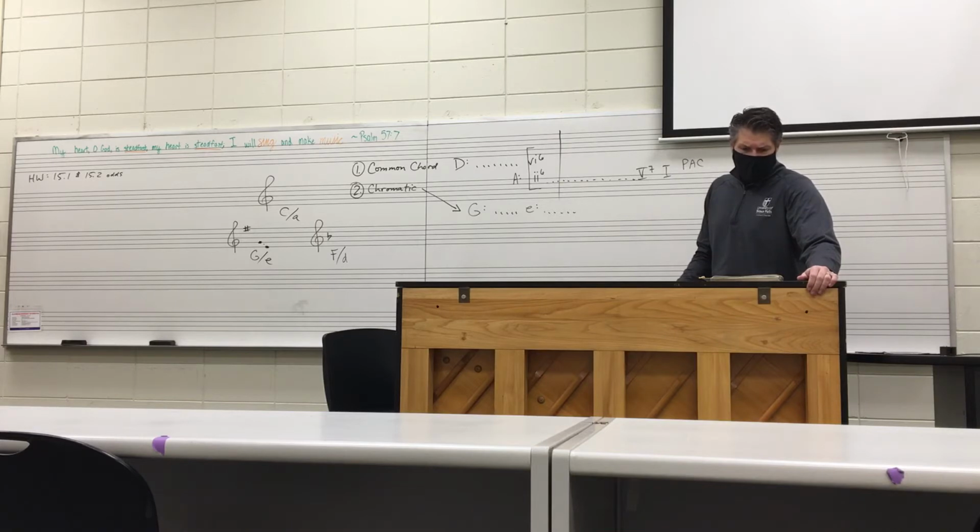So if I back up to 15.3, beat 1 of the first full measure, I have a D chord. Well, that D chord does not exist in the key of E minor. I mean, maybe you could say that's a major 7, but it's a little bit of a stretch.